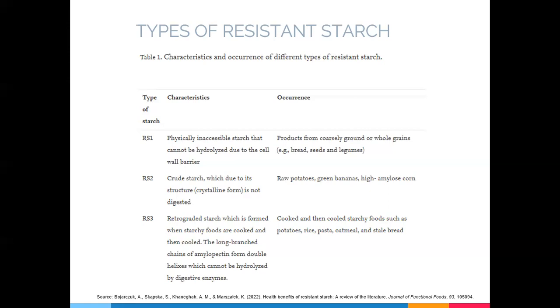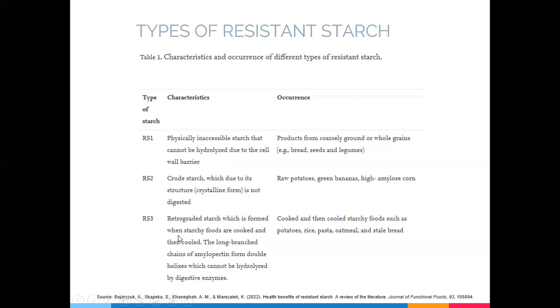Resistant starch has alpha glycosidic bonds, but the thing that makes it resistant is that, due to these characteristics, it is incapable of being broken down by human enzymes when consumed. So that's why it is called resistant starch.